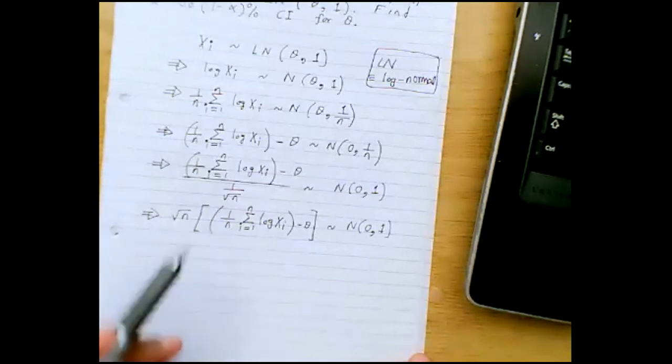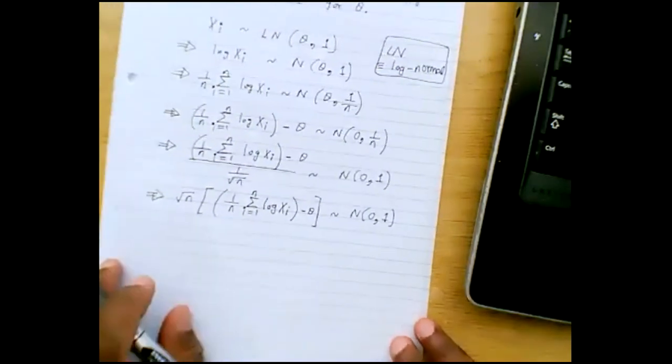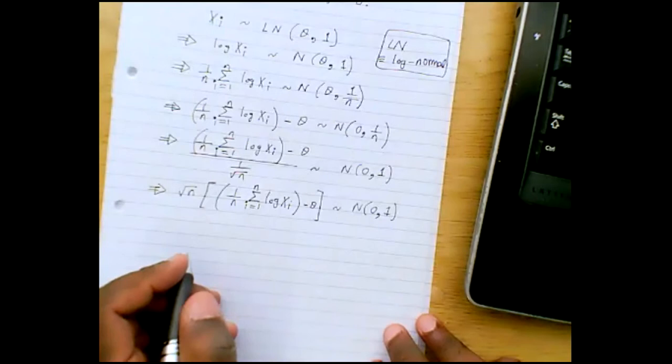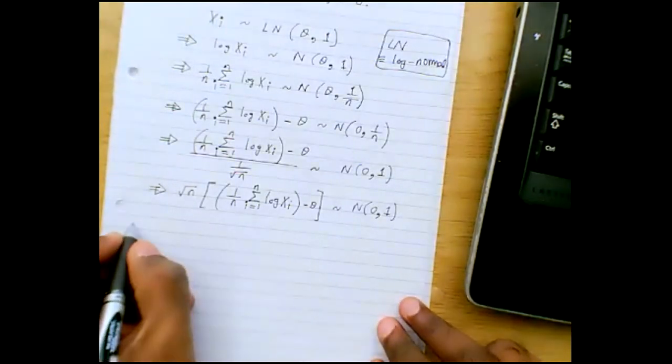Okay. So you should be able to follow this from what I've taught you in the normal distribution, right? Now, to find the confidence interval for theta, I'm going to use the following argument.